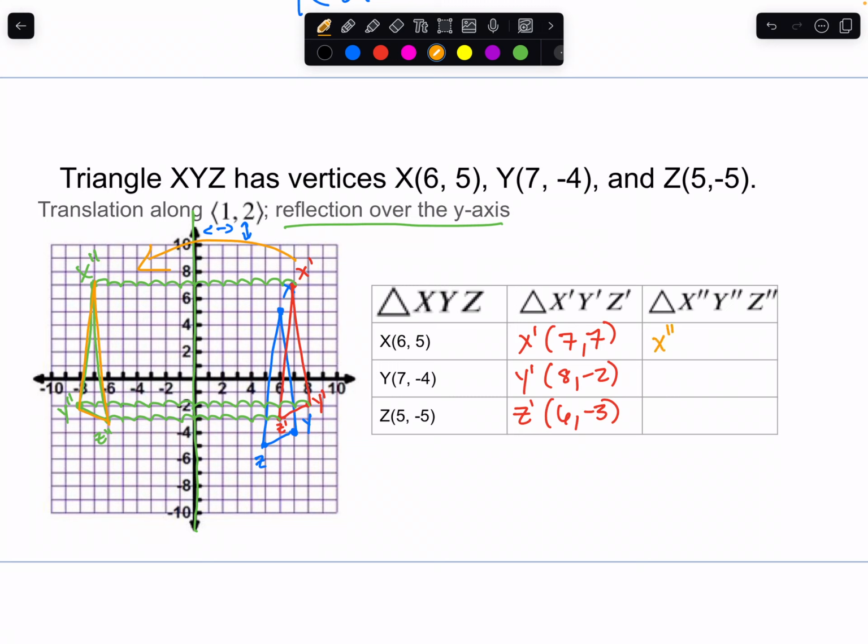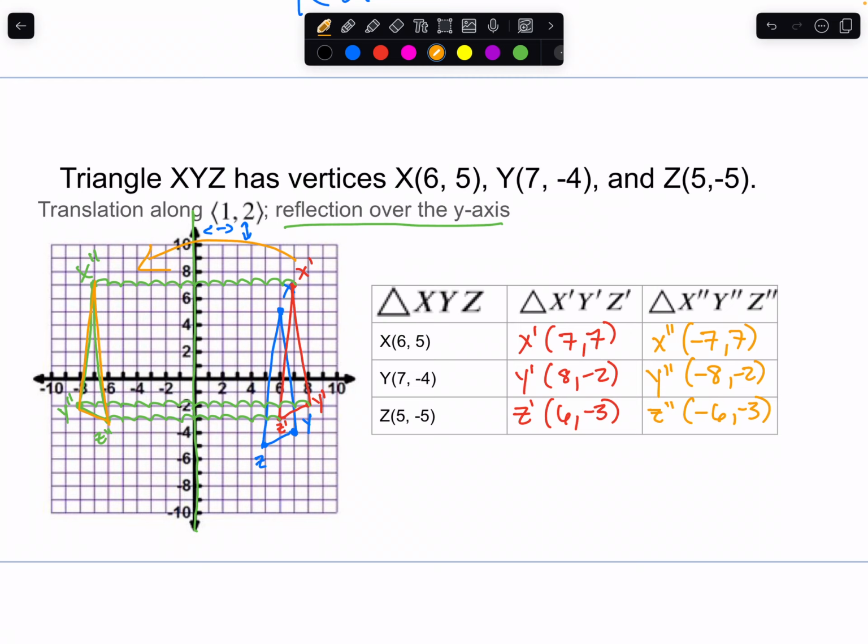So if I already know the x value is 7, it'll be negative 7. Since the value is positive 8, we're going to flip it to the other side, negative 8, negative 2. And then for z prime, the positive 6 turns to a negative 6. And you can confirm that with the graph.